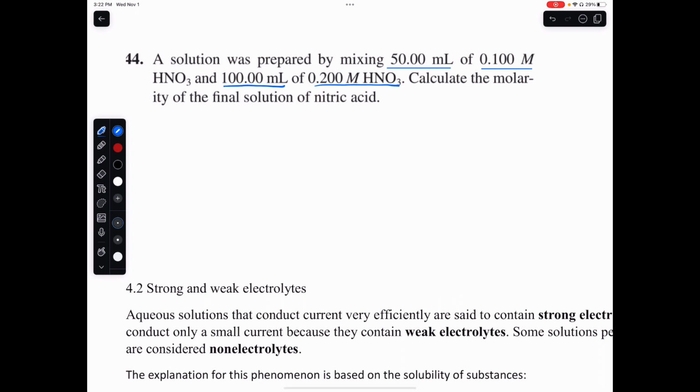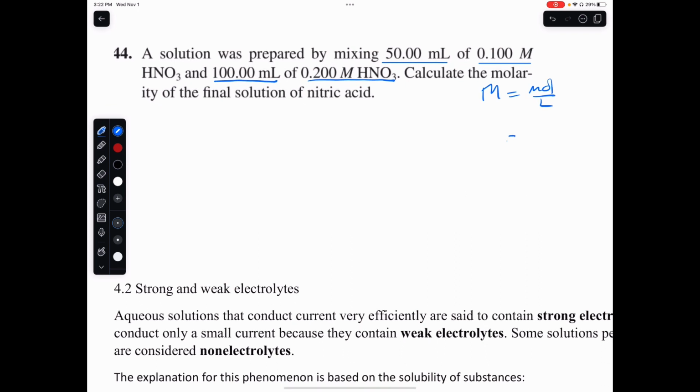We're trying to find the molarity of the final solution. That's moles per liter. Do we know either one of those things? We can know the liters just by adding together the 50 and the 100, right? So the number that goes in the denominator is clearly 150 milliliters, but I should change that to liters, correct?